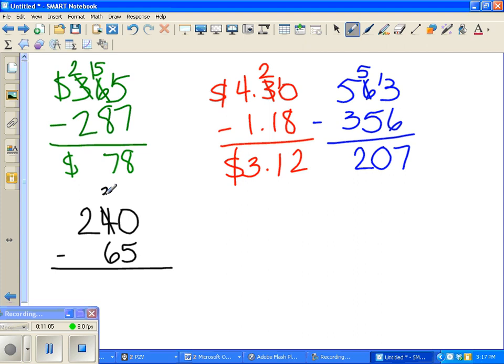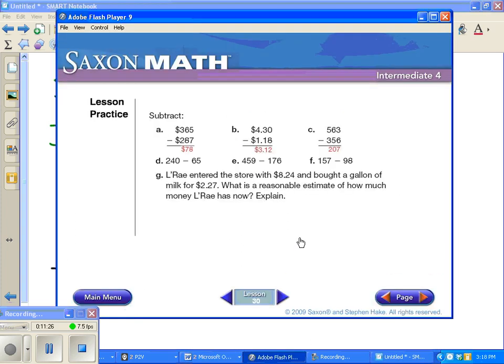Let's borrow. 4 becomes a 3. Now we have 10 minus 5, 5. 3 minus 6. Can't do it. Let's borrow. 13 minus 6, 7. And 1. Take away nothing because no number in a space means a 0. 175.